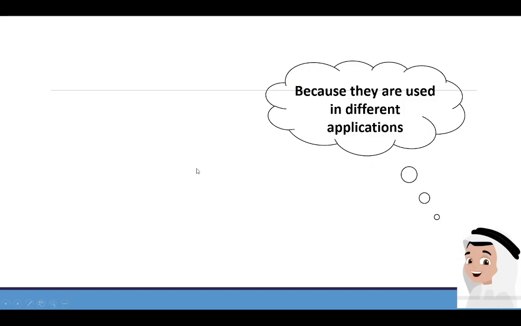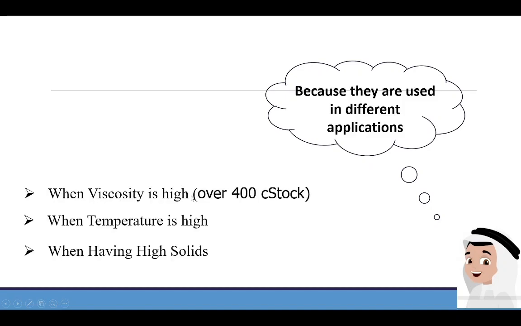For example, displacement pumps are very suitable for cases where we have high viscosity or high temperature of the liquid to be pumped, and also a fluid with high solids, like pumping concrete or raw sewage. In this case the best application will be using the displacement pump. But in other cases, it will be the rotodynamic pump that is suitable.